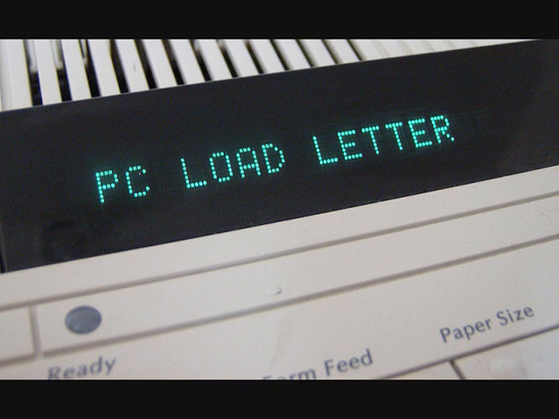Now the funny thing about this message is that because it starts with "PC", when someone reads "PC load letter", it sounds like they have to go back to the personal computer and reload the letter that they had sent to the printer to be printed.